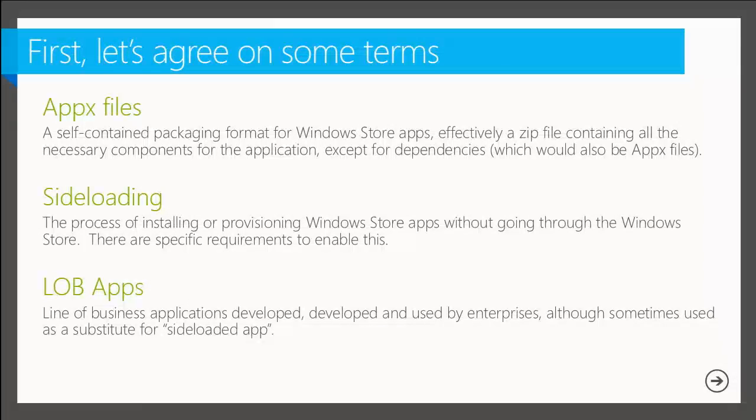It's taking an AppX file, extracting the contents, registering it with the operating system. These apps can have dependencies, so an app can have other apps that it uses, kind of like runtime components, if you want to think of them that way. Things like a JavaScript engine or Microsoft Common Controls will ship as separate AppX files.